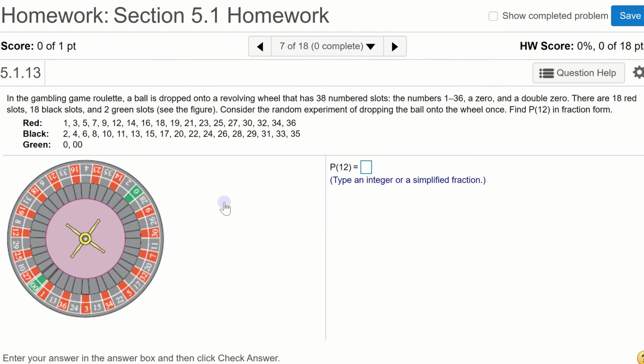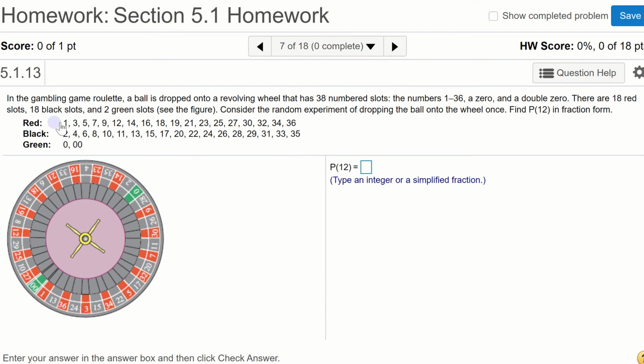All right, so let's go for a ride to Vegas. We have a roulette table, and you know how you have the reds? So notice 1, 2, 3, 4, 5, 6, 7, 8, 9, 10, 11, 12, 13, 14, 15, 16, 17, 18. Of course, take 1 through 36, divide it into 2, you get 18.